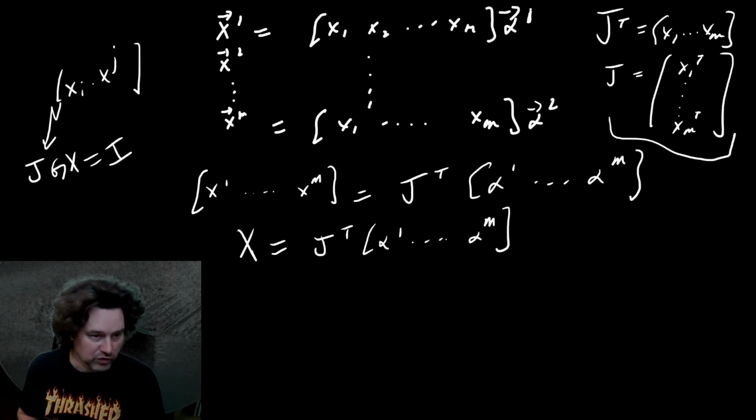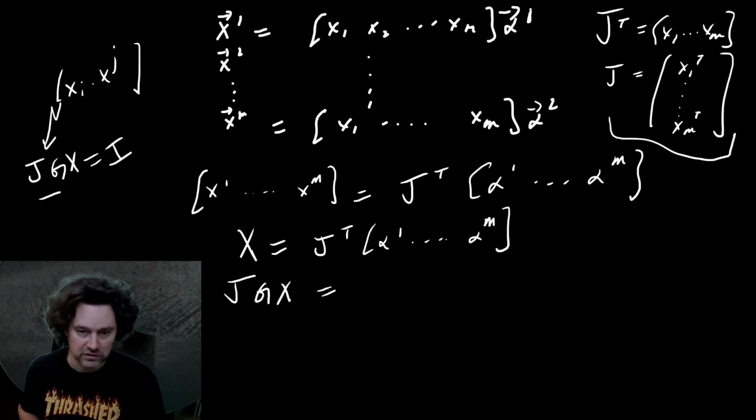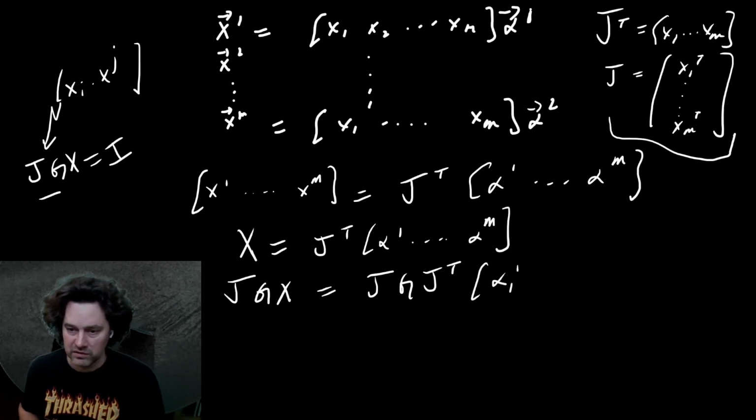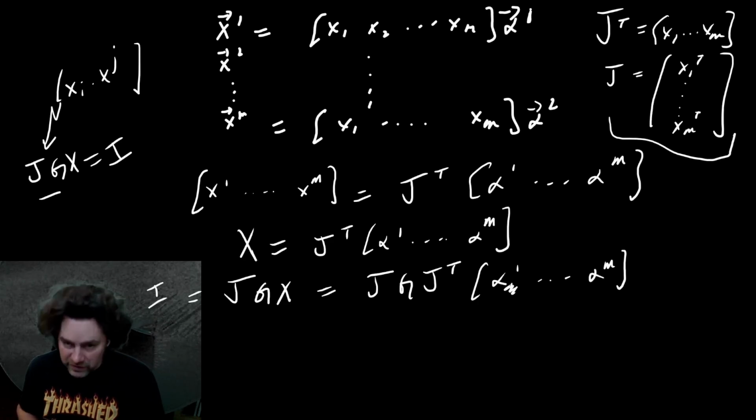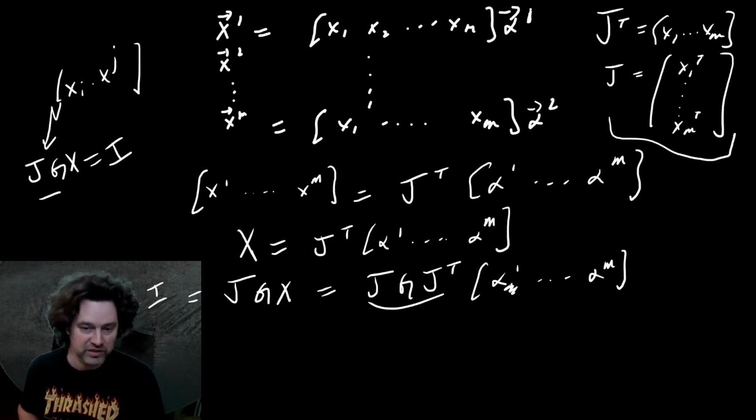So now we can multiply here on both sides by J G. So we have J G X equals J G J transposed alpha 1 to alpha m, and this is now identity, and we now have an invertible matrix that we've now squared our matrix.